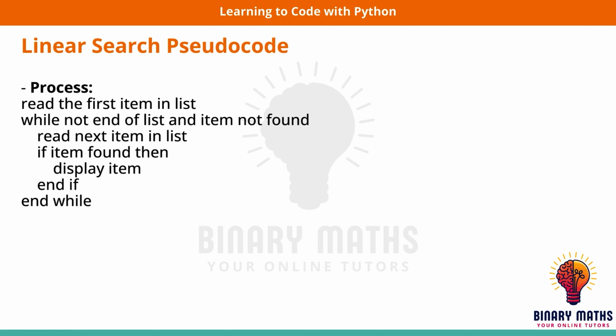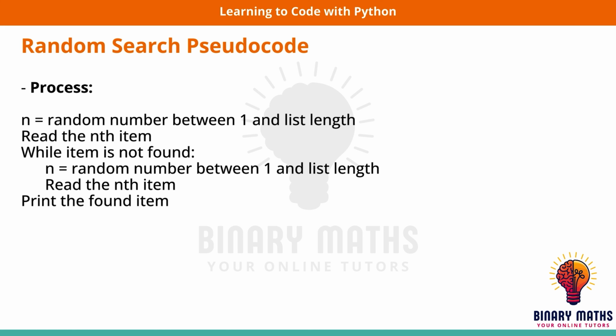Let's take a look at another method. The random search. So here's the pseudocode for this. N equals random number between 1 and list length. Read the nth item.